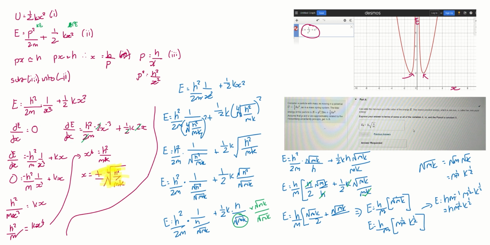Minus 1 plus a half is not a half, it's minus a half, which is the same as h. Well, that's the same as minus half is basically the same as root m. That's the same as root k, which equals h root k over m, which is the final answer, I believe.